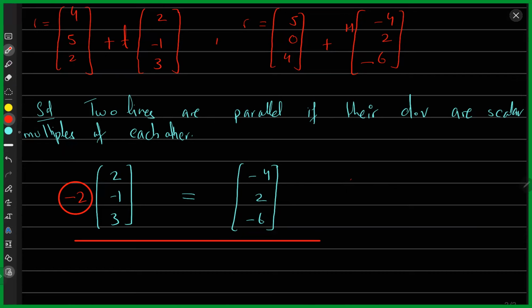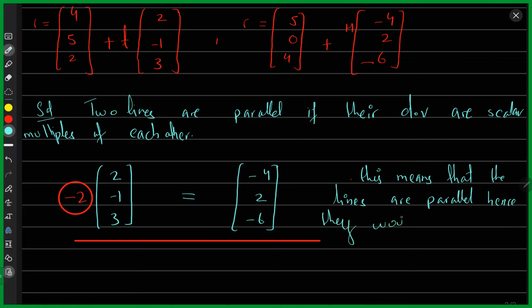This means that the lines are parallel, hence they would not intersect.